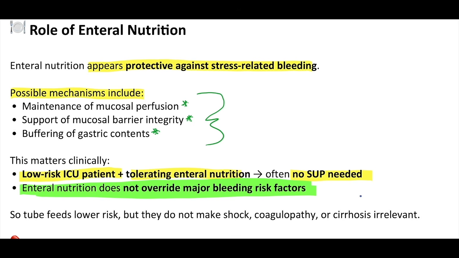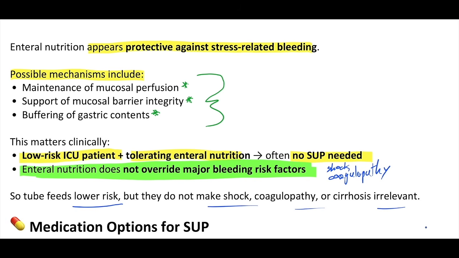That'd probably be a good episode. But if you are feeding a patient and they have other major bleeding risk factors, whether it be shock, coagulopathy, or liver disease, the feeding alone does not override those major bleeding risk factors, and you should still consider stress ulcer prophylaxis. So tube feeding lowers risk, but it does not make shock, coagulopathy, or cirrhosis irrelevant.